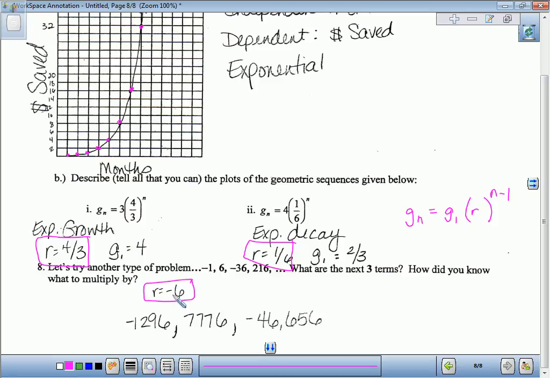Which makes it interesting, because when we multiply by negative, our sequence alternates from positive to negative. Kind of cool. So that's a possibility. When it's a geometric sequence, it is possible that we can alternate if our common ratio is negative.